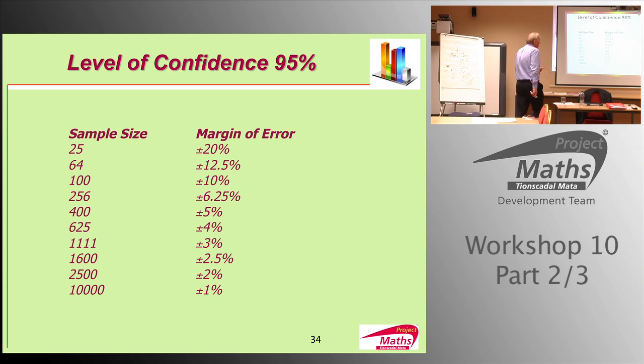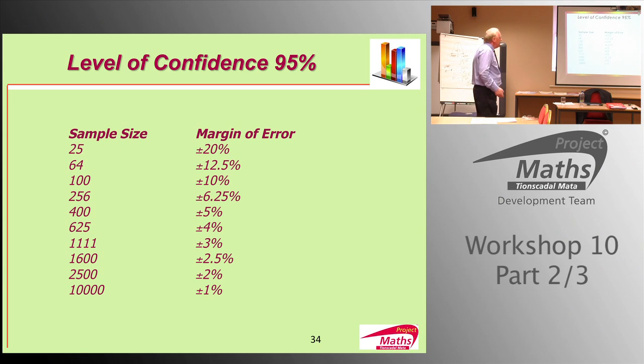If I wanted a 1% margin of error, I would have to poll 10,000 people, and that might be too expensive. So you tend to not go above this, and sometimes you go down. It might be acceptable to have a 5% or even a 10% margin of error. Is that okay?